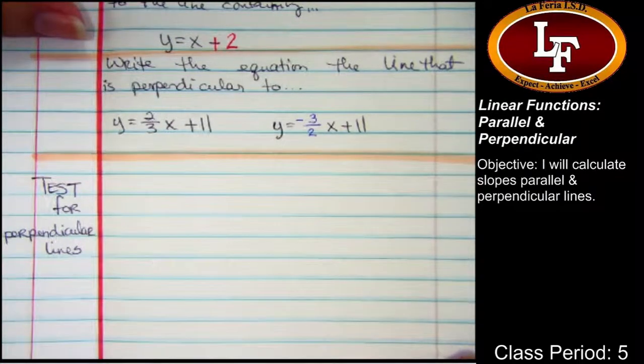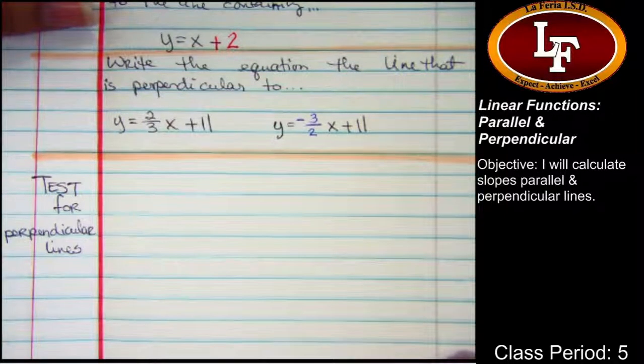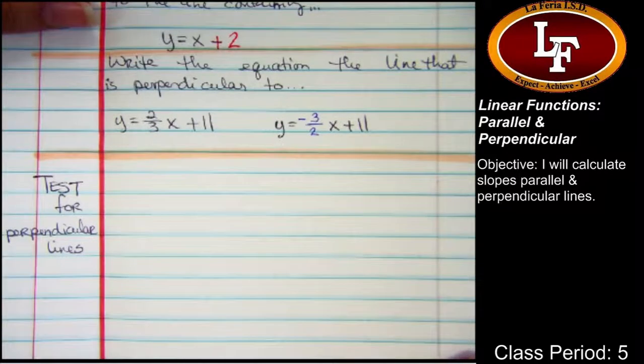This is not a test that you take. This is a test that you give. Two lines walk into a bar, and they go, hey, are we perpendicular? The bartender says, I don't know, let me test you. Here's the test he's going to give.